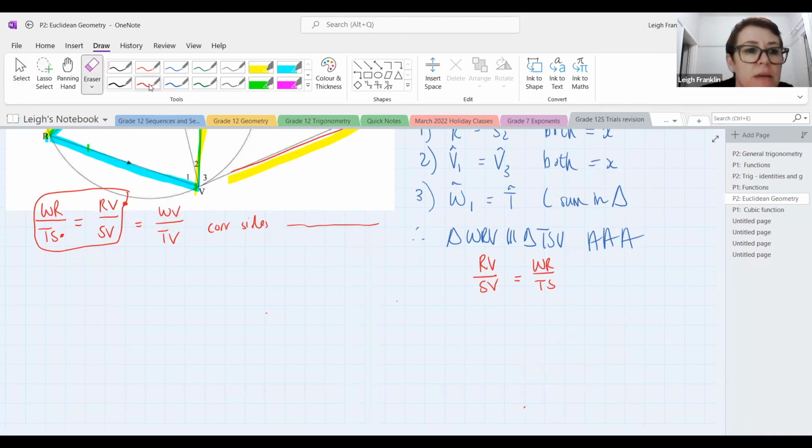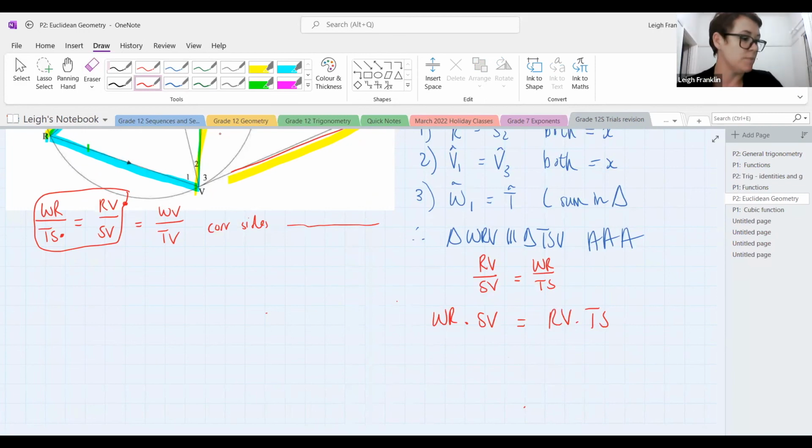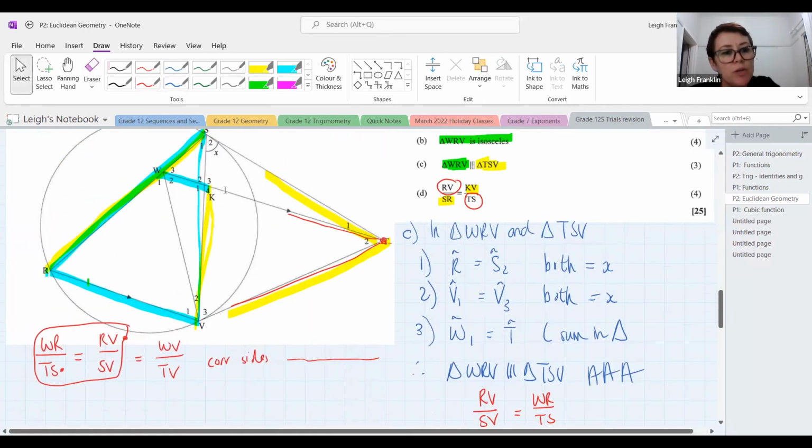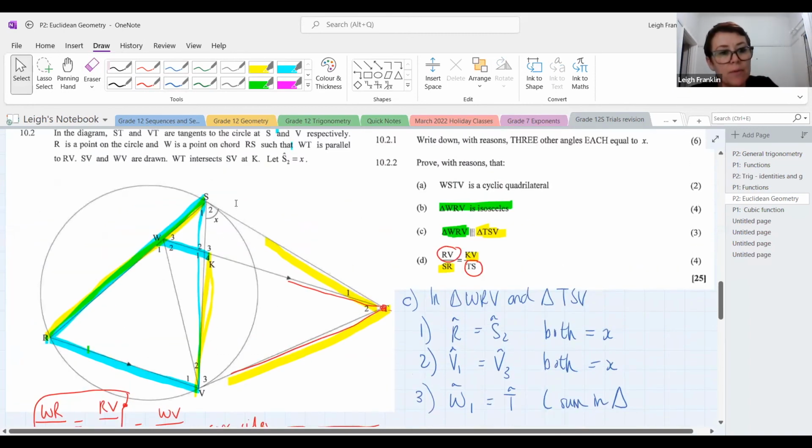So what this means for us, if we cross multiply, is that WR times SV is RV times TS. Now, into this triangle, we could do the proportionality intercept theorem.